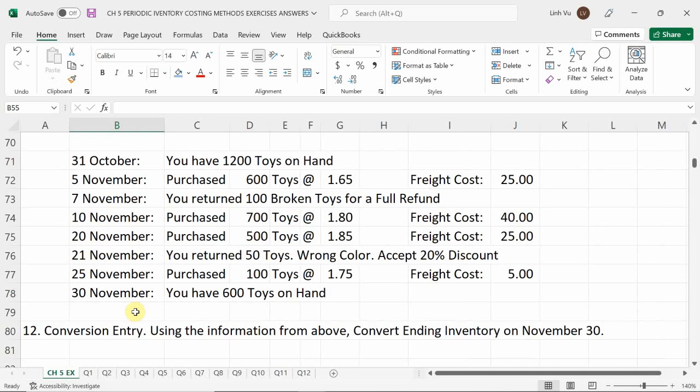Then November 20th, you end up purchasing an additional 500 toys at $1.85, okay, with a freight of 25. So 500, 185, and 25.